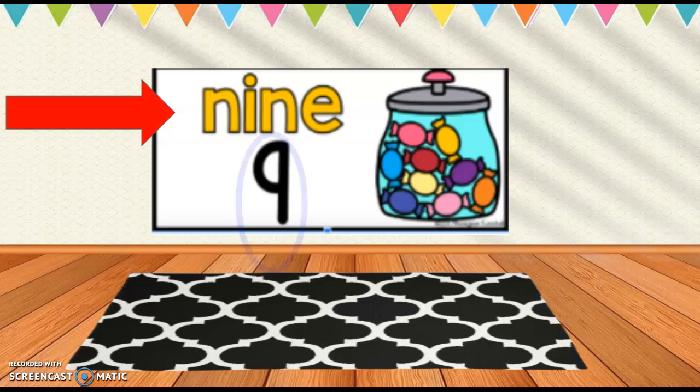Good. And as we write it all the time in math, this is 9 in number form, okay? So this is the word 9. And this is the number 9. And then we have a picture that represents 9 because there are 1, 2, 3, 4, 5, 6, 7, 8, 9.